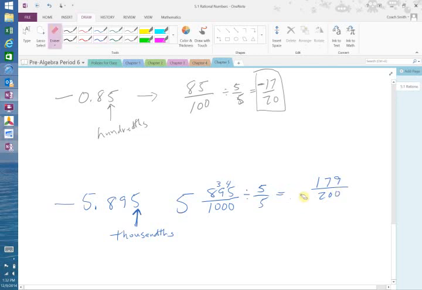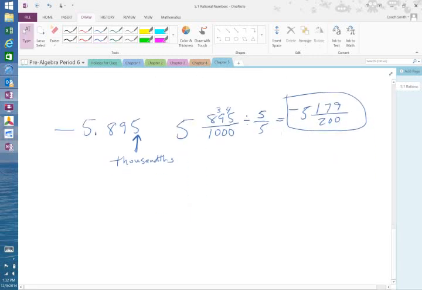Now, it started out as a negative, so it ends up negative 5 and 179 over 200. So to change a decimal to a fraction, we must first identify the place value of its last digit. And then we go from there.